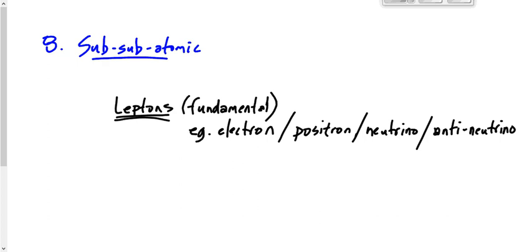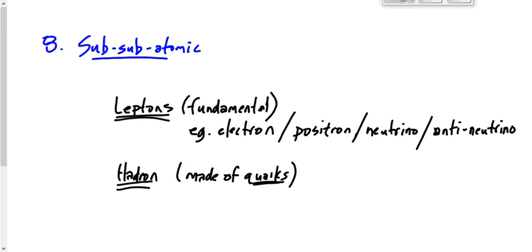Now, the other type of particle was the hadron, and these are particles that can be broken down even further, made up of quarks. And examples of those would be the proton and the neutron.